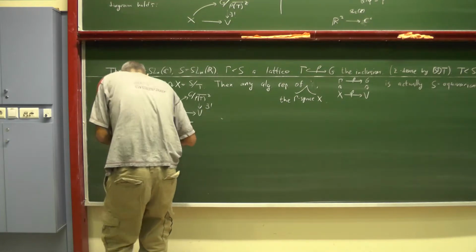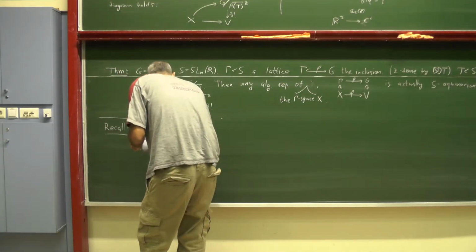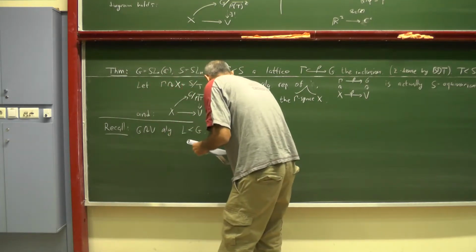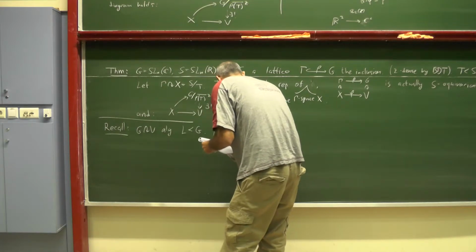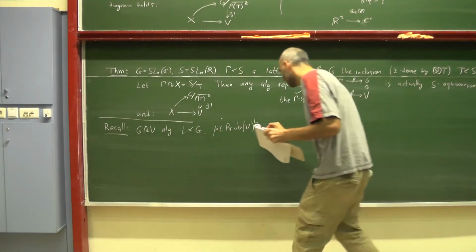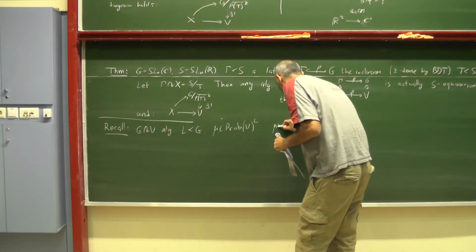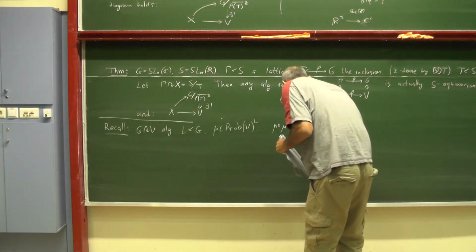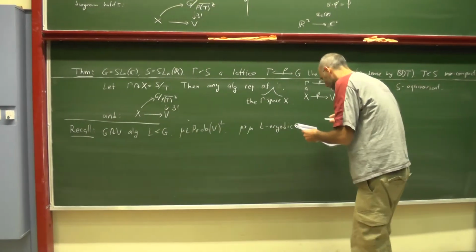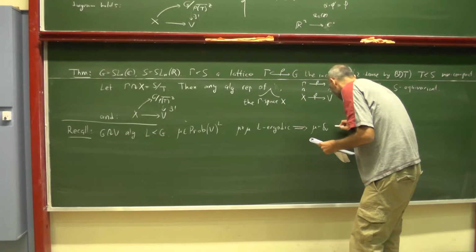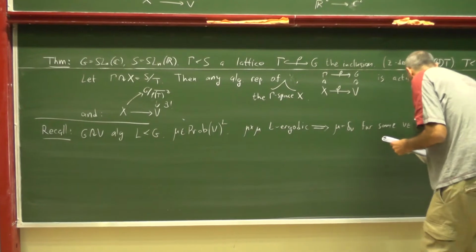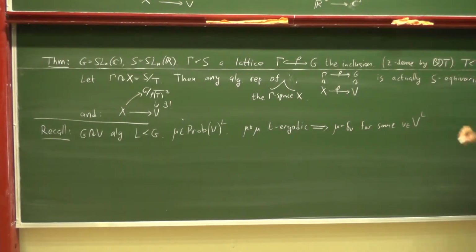If G acts on V algebraically, L in G any group, and mu is any probability measure, and if mu times mu is L ergodic, then mu is delta V for some V which is L invariant.